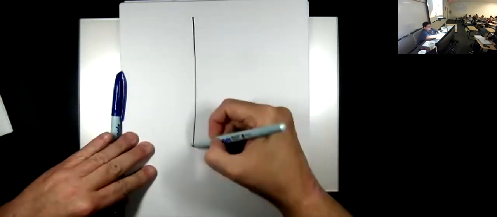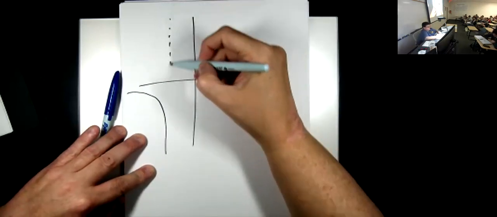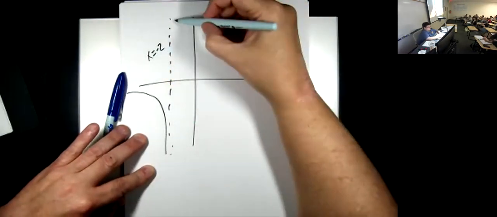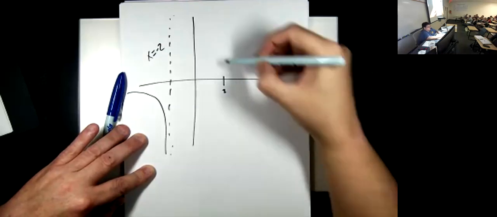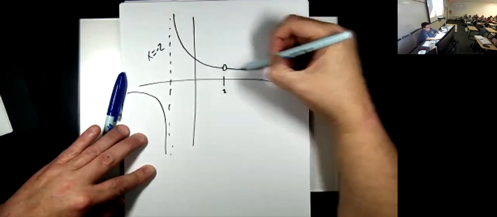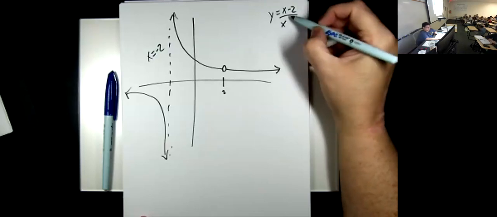So we saw on the graph, there's an asymptote right here at negative 2. And we're gonna put 2 there. As it comes down, Desmos doesn't show the hole very well, but I can show the hole well here. This is y equals (x minus 2) over (x squared minus 4).